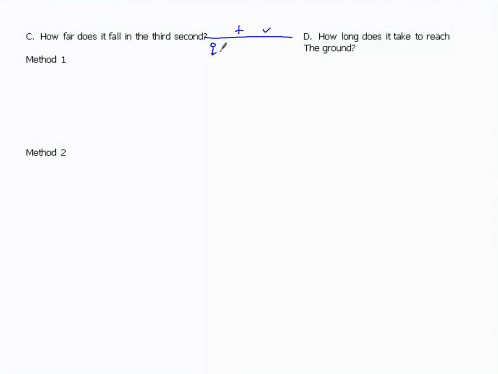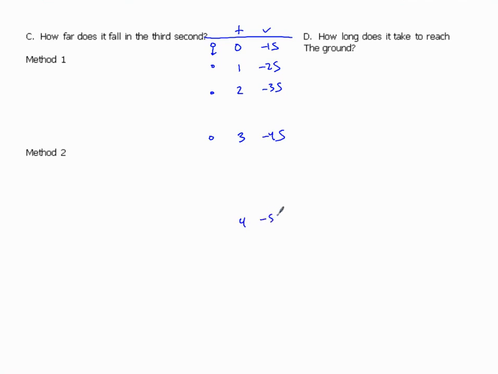If you haven't drawn it at all, you might go ahead and do it. At time 0, negative 15, time 1 second, negative 25, 2, negative 35, 3, negative 45, and so on.